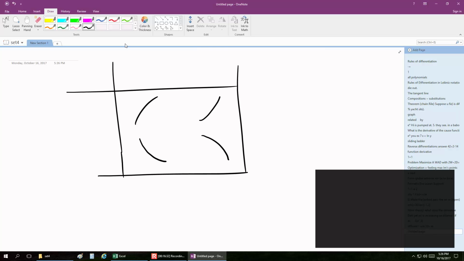So once again, increasing here, decreasing here, and here concave down, concave up. And there's certainly the third possibility, which is in fact the minimum and maximum.